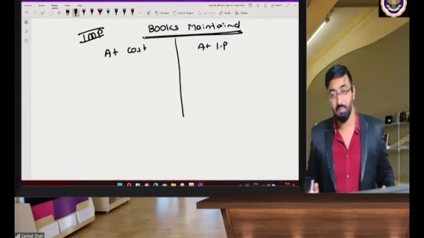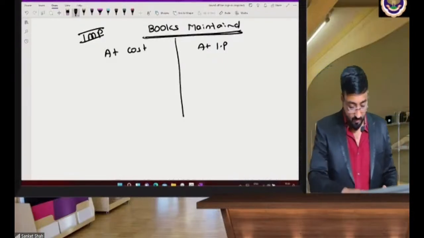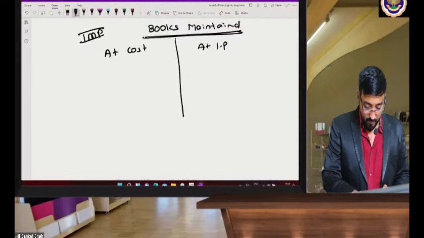Sir, how simple a question, sir. Some students are saying at invoice price, at invoice price, at cost. I understood, sir. Okay. Preeti Kumar is saying, Muhammad is saying, Harshita.